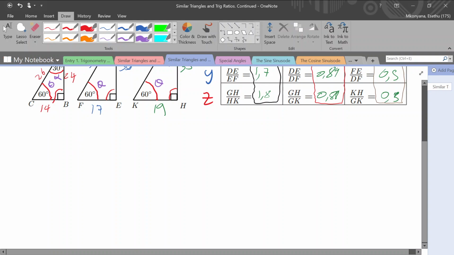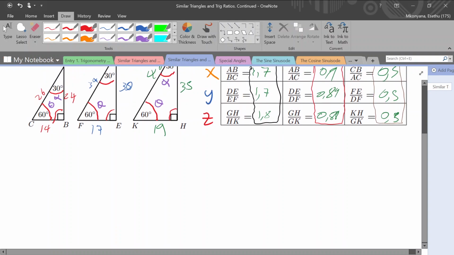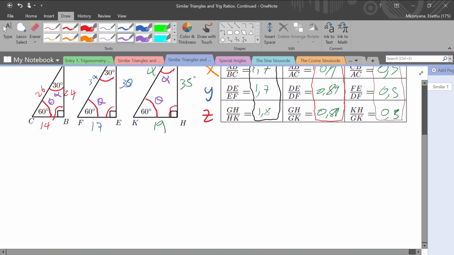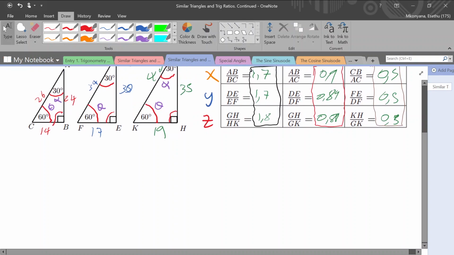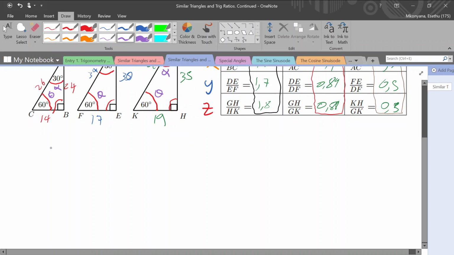And then we're going to do something very special. We are going to say that we're going to work with one triangle now, and we're going to look at the ratio AP over BC.